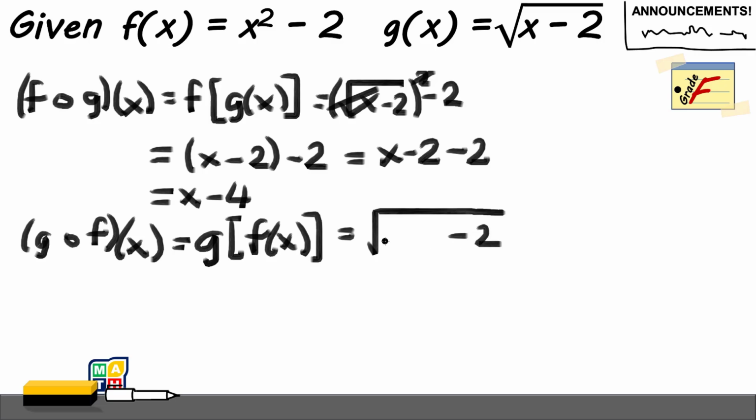Again, the square root of x minus 2. But since we have this composite function, the x there becomes the entire function f of x. And we know that f of x is the expression x squared minus 2. And you will have it something like this here.